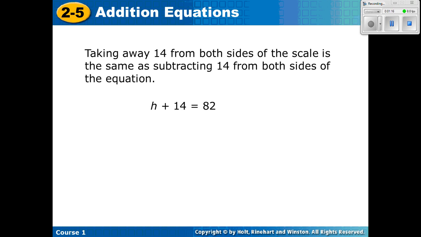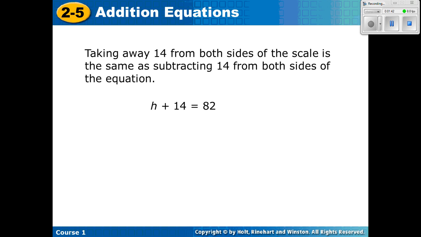So let me ask you, what is the opposite of addition? Subtraction. What's the opposite of subtraction? Well, it's addition. So anytime you have an addition equation, you're going to use subtraction to undo that problem, and vice versa. Whenever you have a subtraction equation, you're going to use addition to undo that problem.